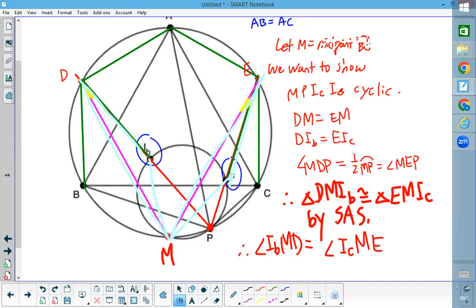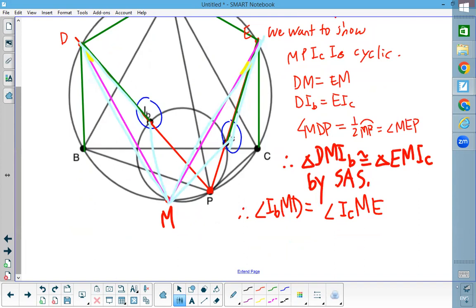Let's work with the angle IBMIC. That can be split into the angle IBME plus the angle ICME.